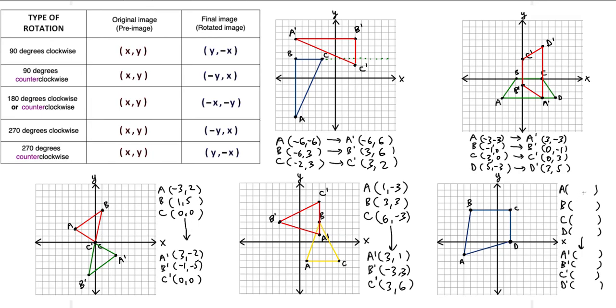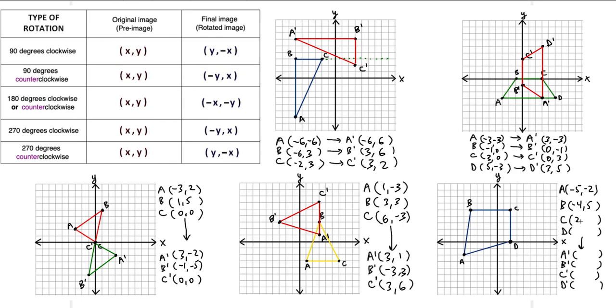So let's experiment here, and we're going to confirm it's really true. So let's see. A is negative 5, negative 2. B is negative 4, 5.